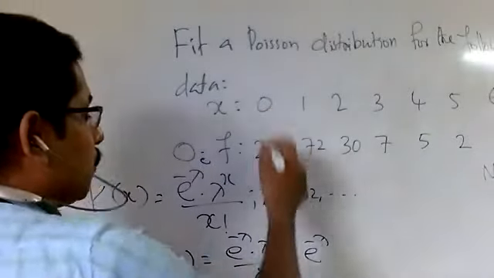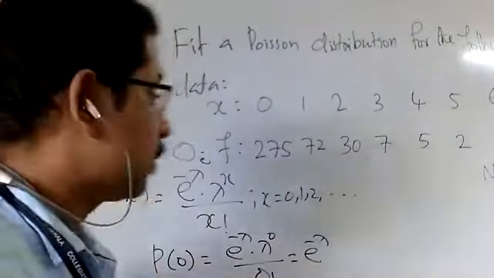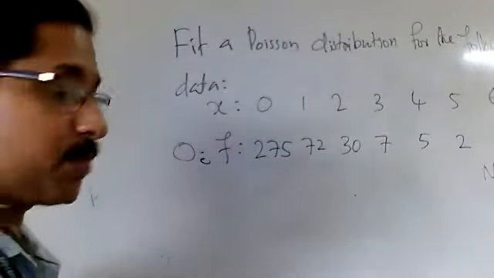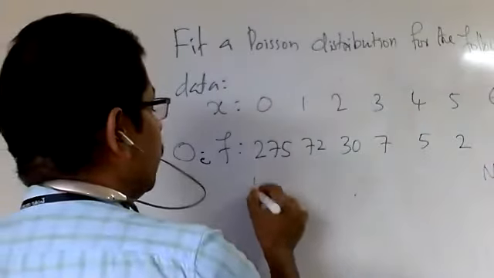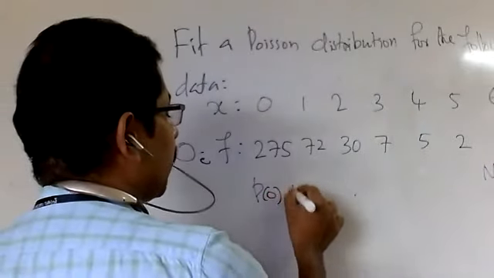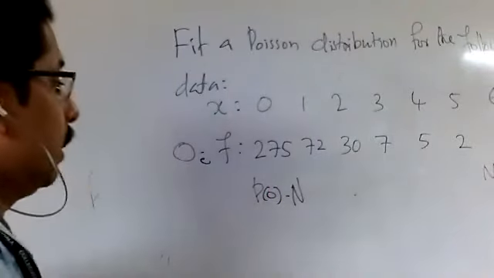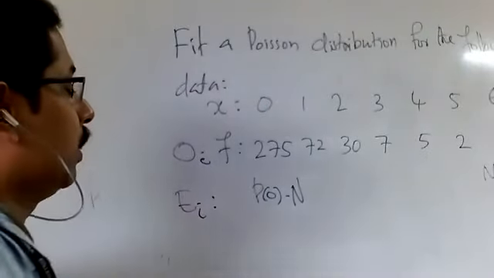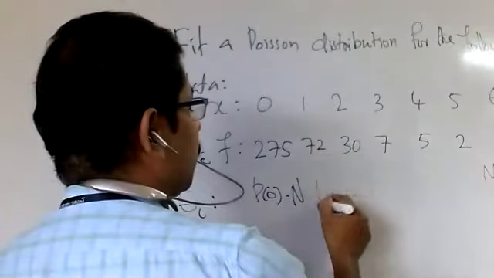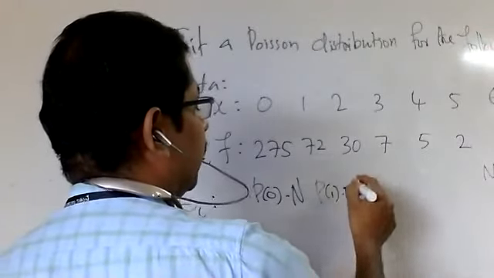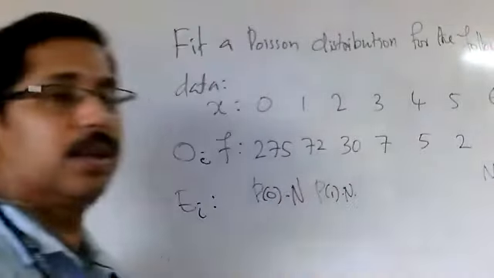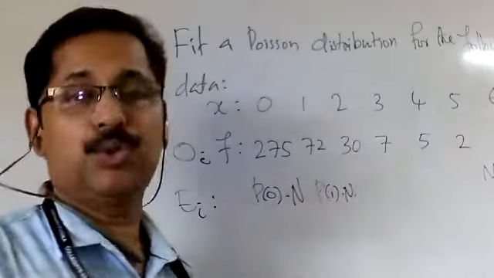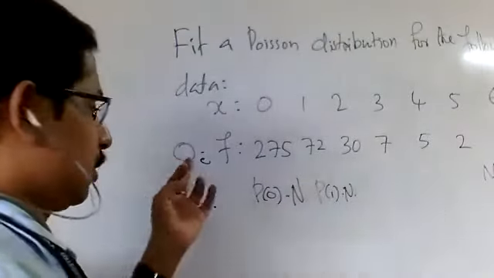For the point 0, the expected frequency is P of 0 into N. This gives the expected value, the Ei values. For the point 1 it is P of 1 into N. In a similar way, you can estimate the frequencies for 0, 1, 2 up to 6. Then you will get Oi and Ei.